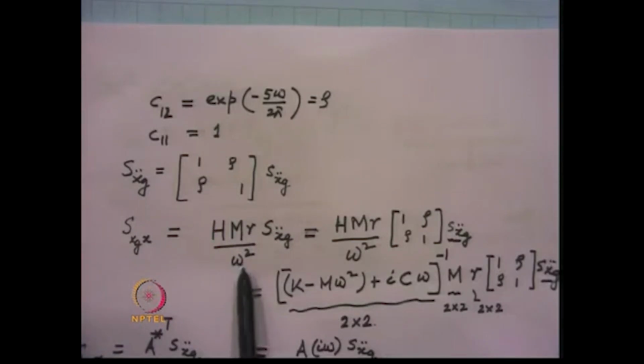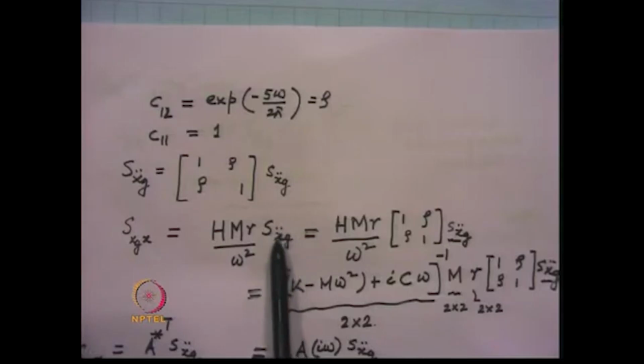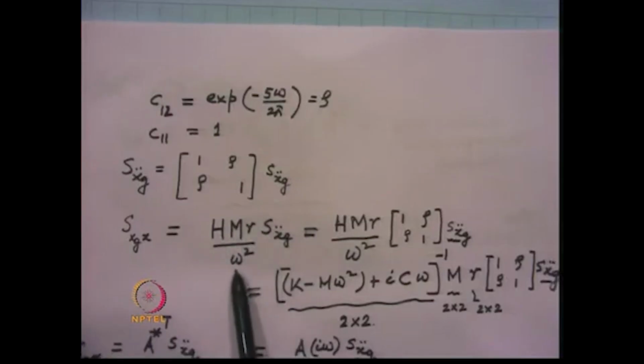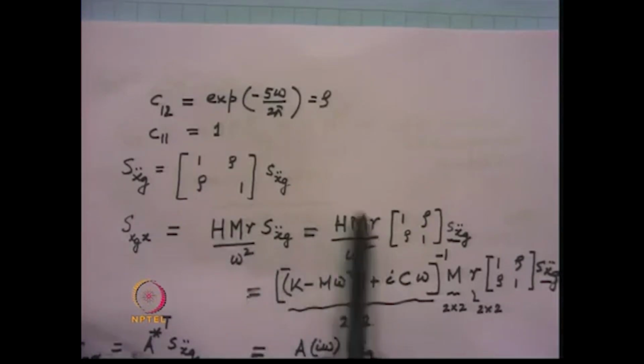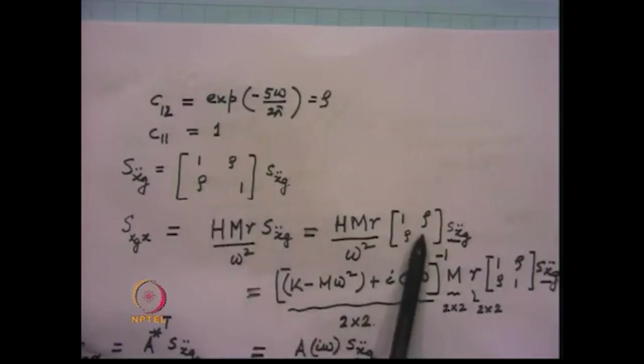That becomes the relationship for Sx double dot G, because Sx double dot G over here is equal to omega to the power 4 into Sx G. So, using that relationship, we get omega square in the denominator. That is how the omega square at the denominator has come. Then HMR divided by omega square we take out, and then the Sx double dot G matrix is written over here.